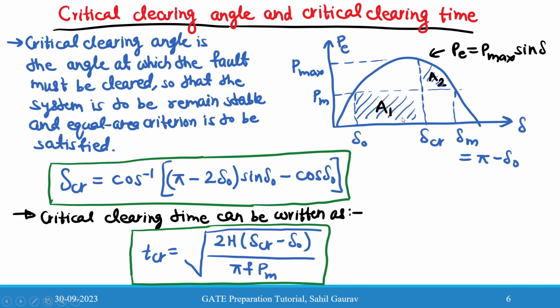There may be different cases, but here the machine is running in synchronism at a steady state at this angle delta naught. If the fault occurs, then the electrical power will become zero. So it must be cleared before delta Cr, before reaching this critical clearing time, so that the system will remain stable.